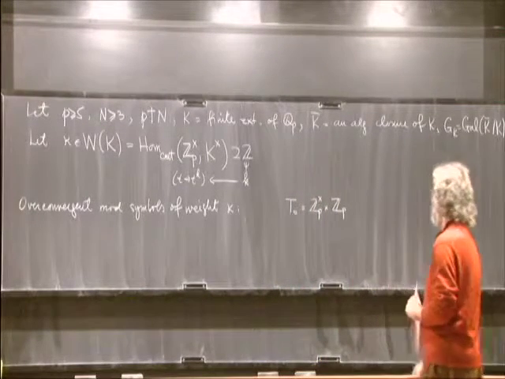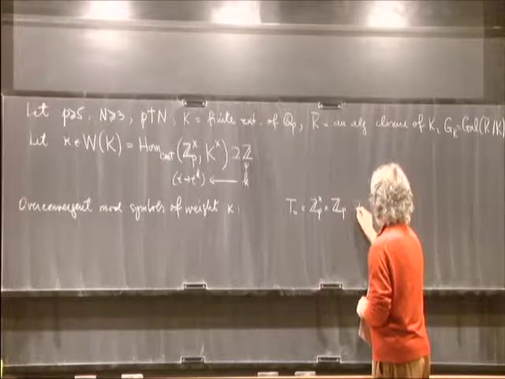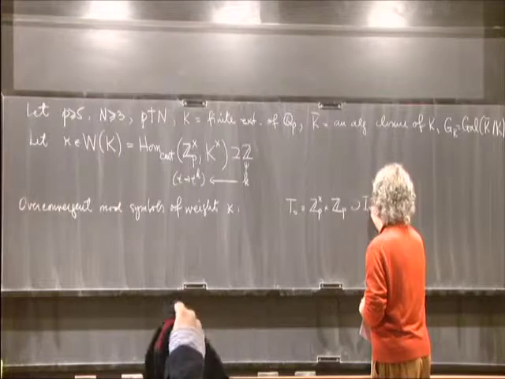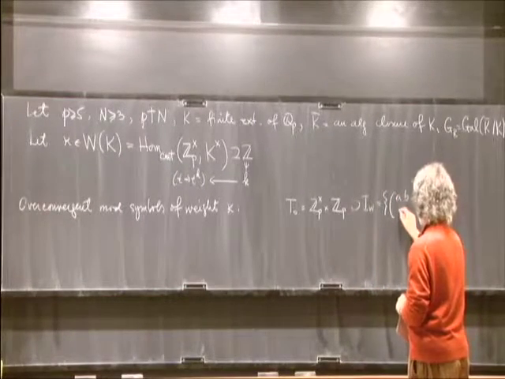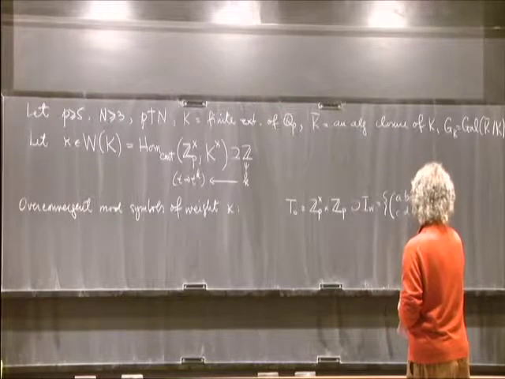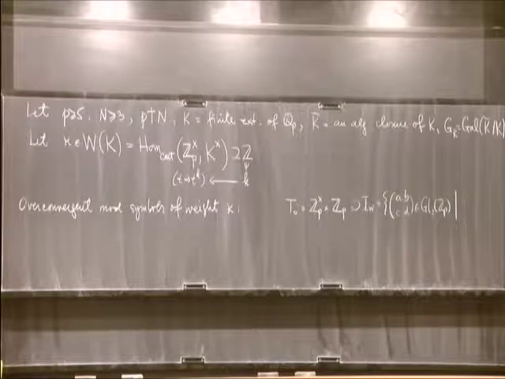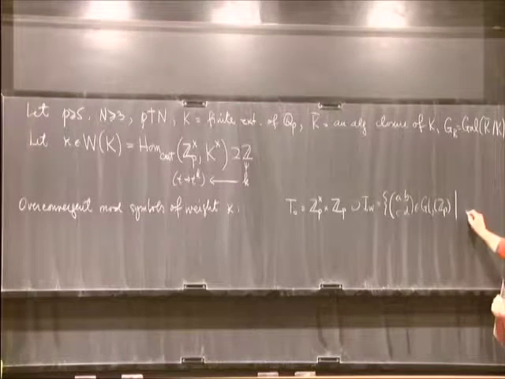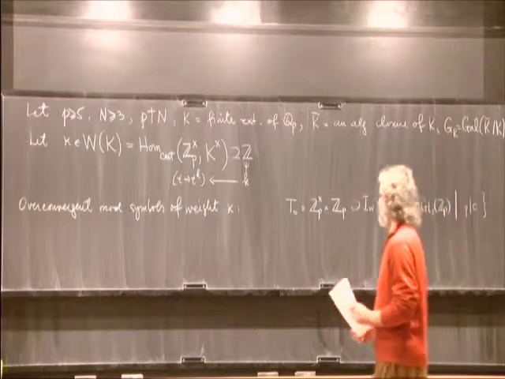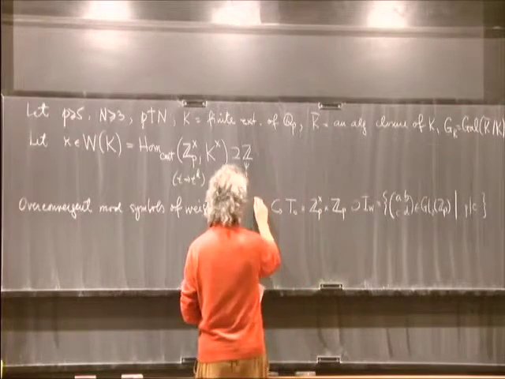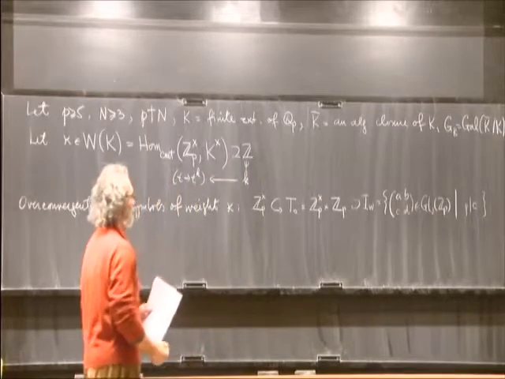It's a compact subset of Z_p squared. It's not a group. It has an action of the Iwahori subgroup of GL_2(Z_p), matrices (a, b, c, d) in GL_2(Z_p) with the property that p divides c. And it also has an action of Z_p star, just multiplying diagonally.